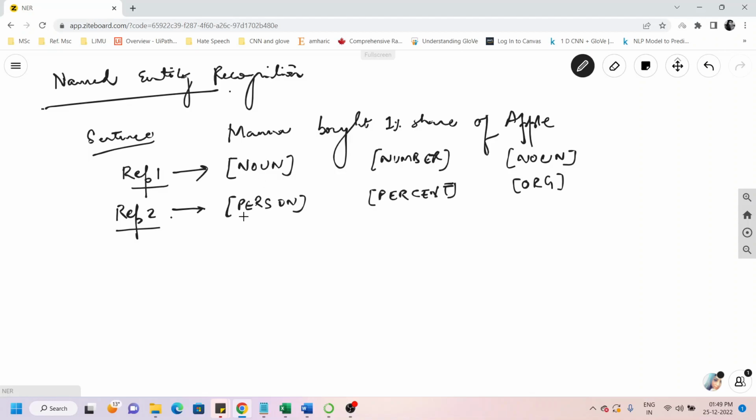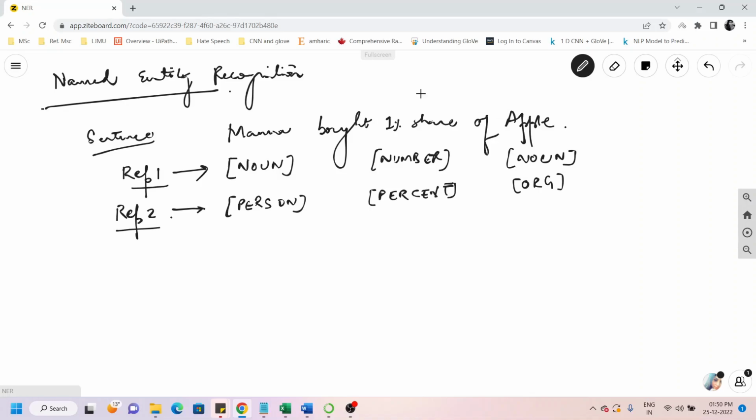Number is also correct, but percent is much more accurate, and organization is much more relevant here. It is not a fruit, it is an organization in this particular sentence. So you see there is a difference of representation.